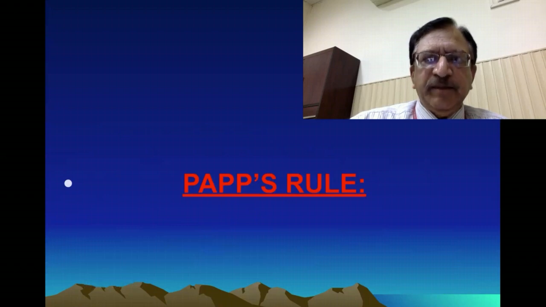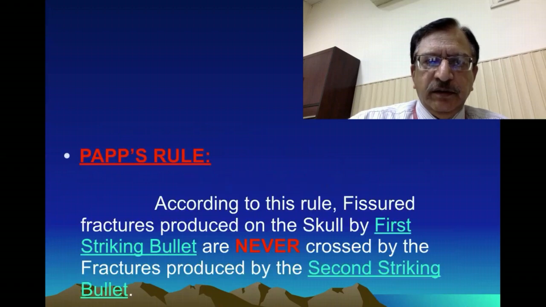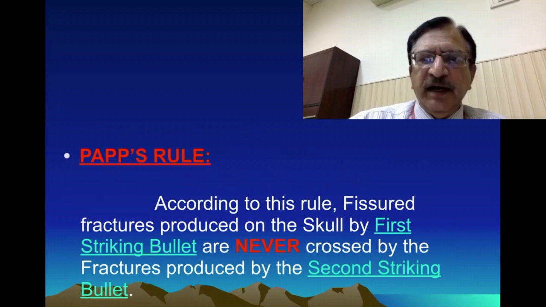Now Papp's rule. According to this rule, the fissured fractures produced on the skull by the first striking bullet are never crossed by the fractures produced by the second striking bullet.